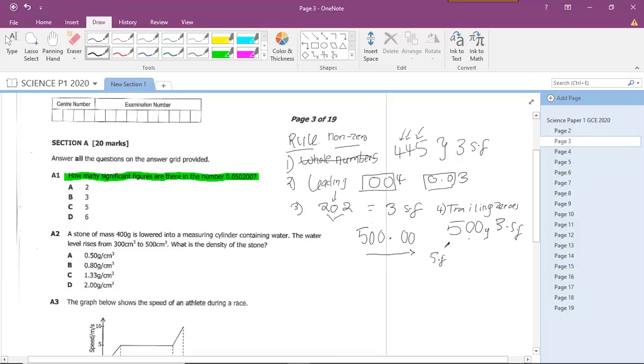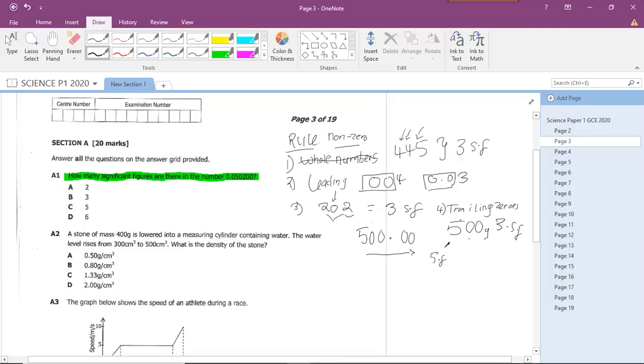So what did I say? The first rule, all non-zero digits are significant. The second rule, leading zeros, which are zeros at the beginning, are not significant. The third rule, zeros appearing in between two non-zero digits are significant. The fourth rule is about trailing zeros, meaning zeros at the end.